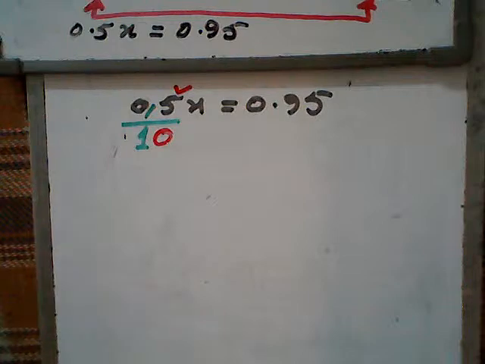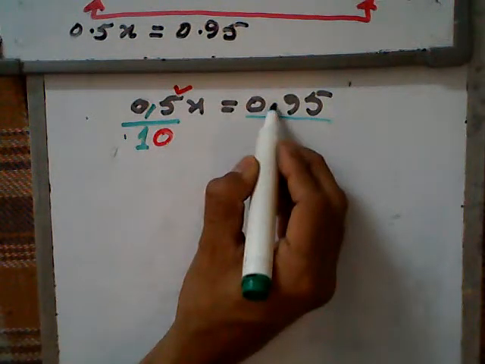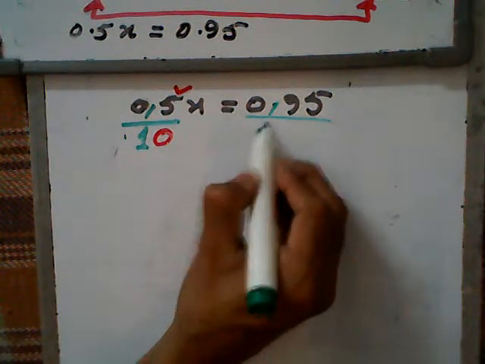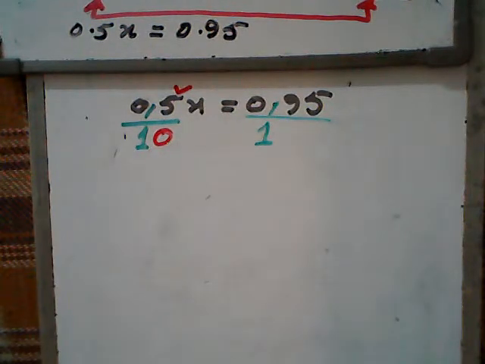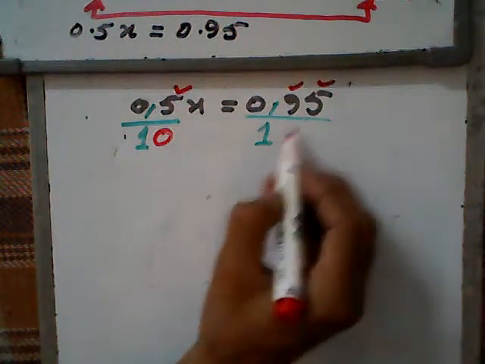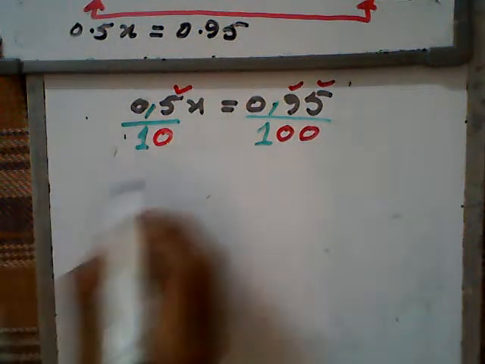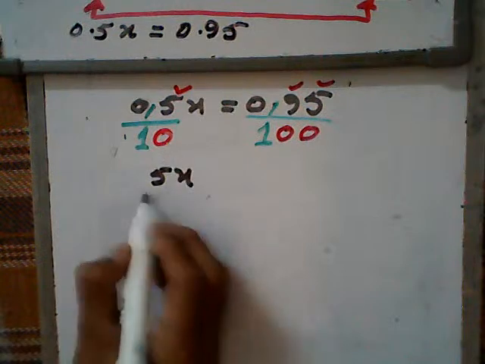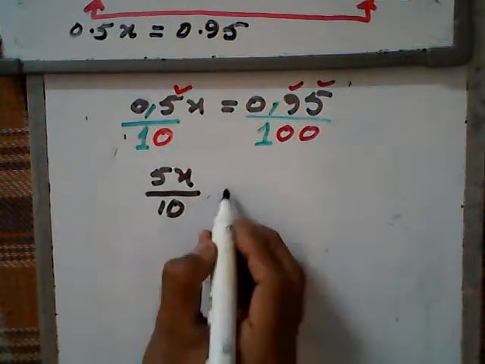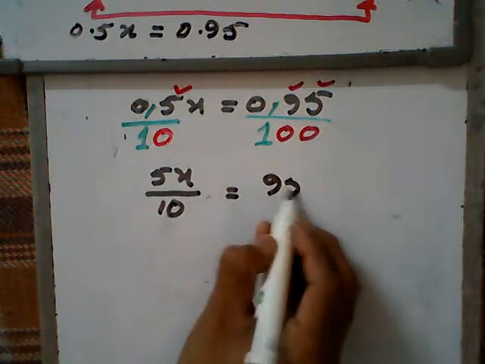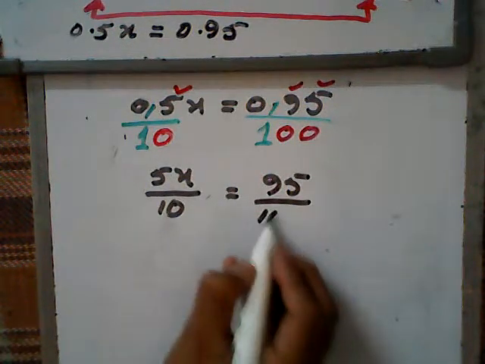Here also, in place of the decimal we write 1, and there are two numbers, so we keep two zeros. So it gives us 5x by 10 and 95 over 100.